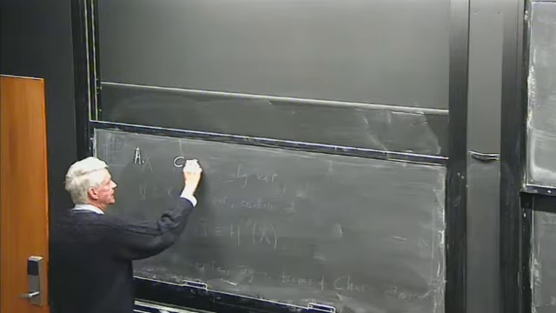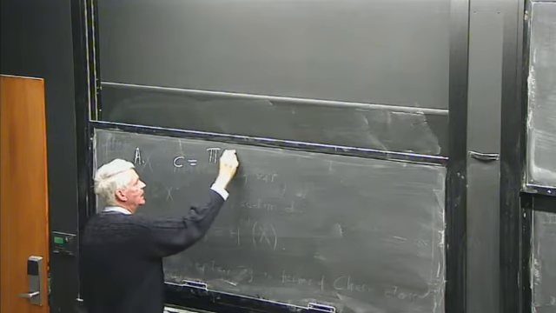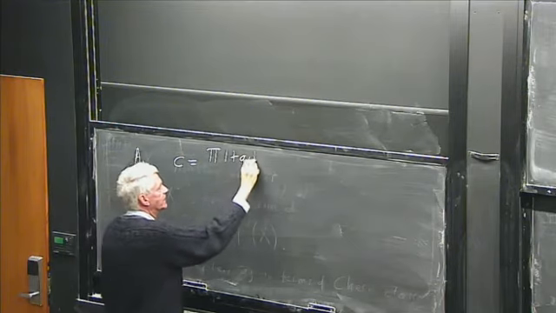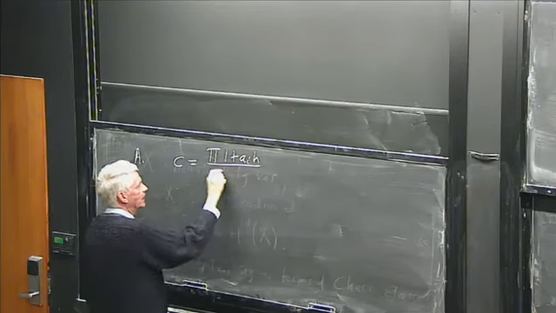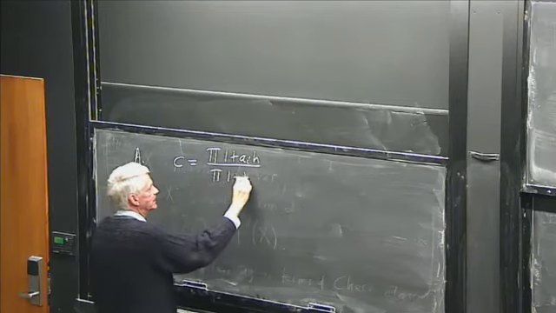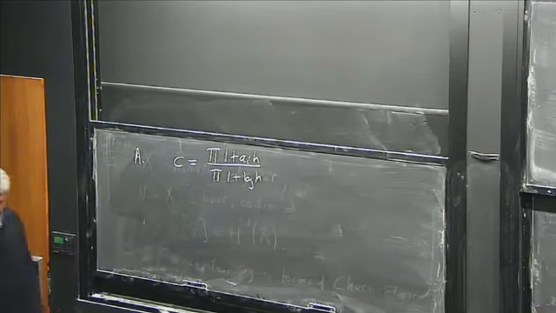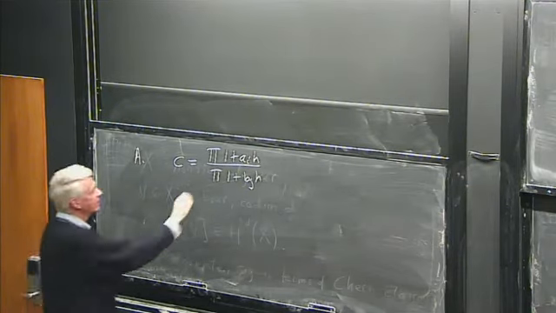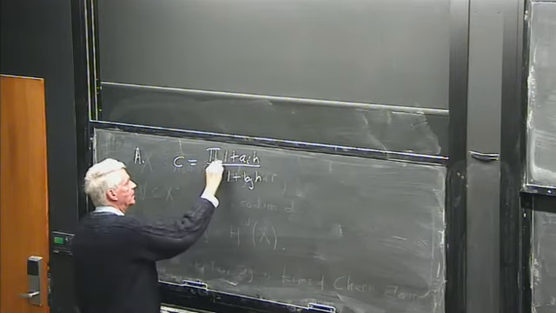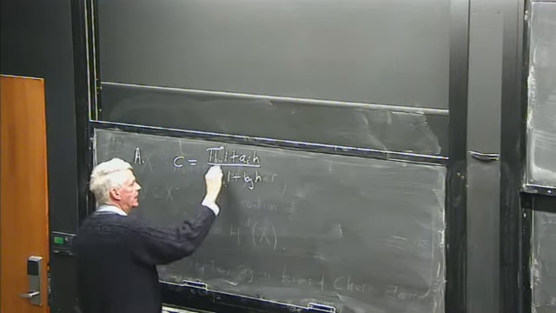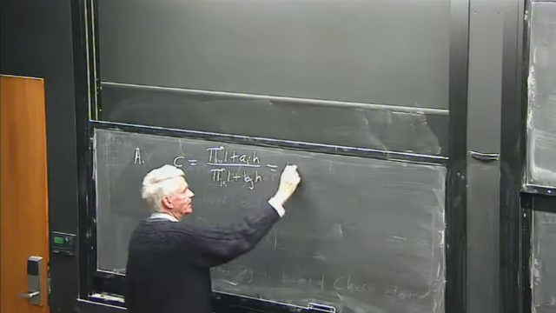You take C to be the product of 1 plus AiH over the product of 1 plus BjH. This goes from i equals 1 to m, and this goes from j equals 1 to n. And you write this out to 1.